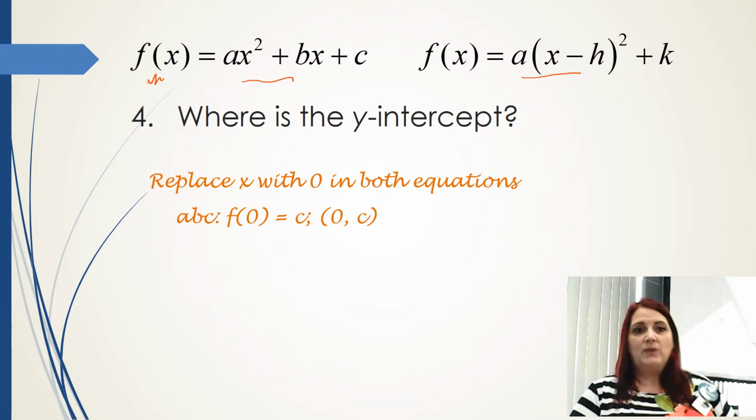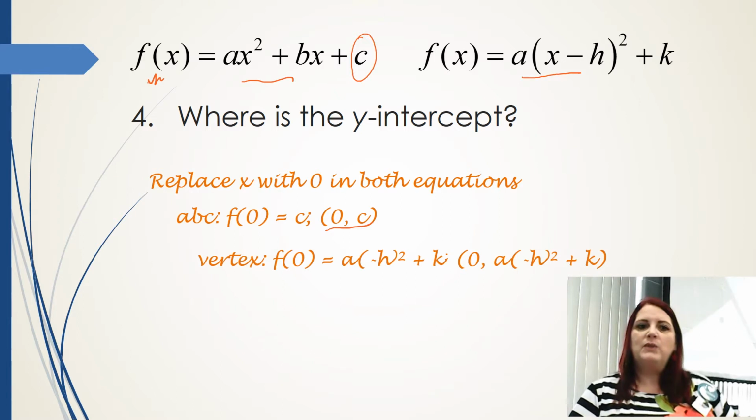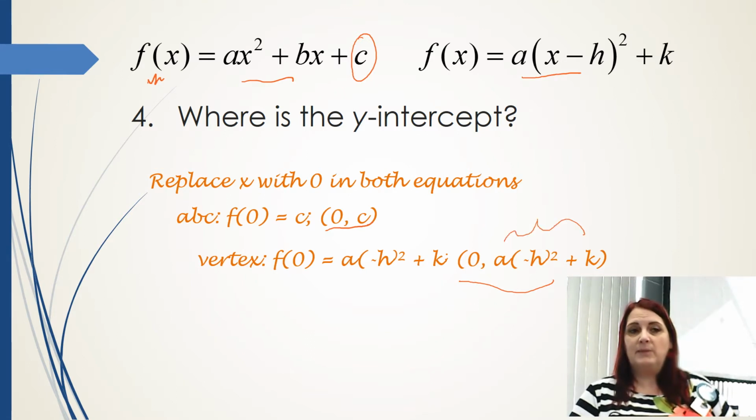So f of 0 is just always going to equal that c. So (0, c) is our y-intercept. That's not terribly difficult. You have to do a little bit of math when you're going to use the vertex form. So you have a, and then 0 minus h is just going to be negative h. And then you're going to square that, plus k. So that's going to be the y-intercept at 0, and then whatever this value is.